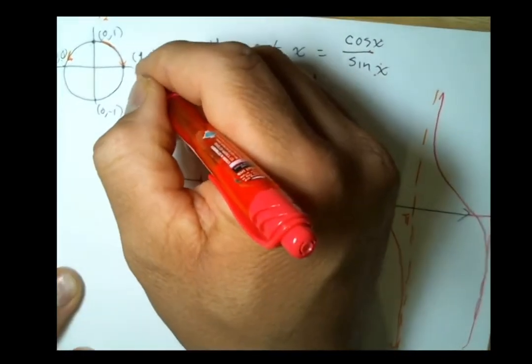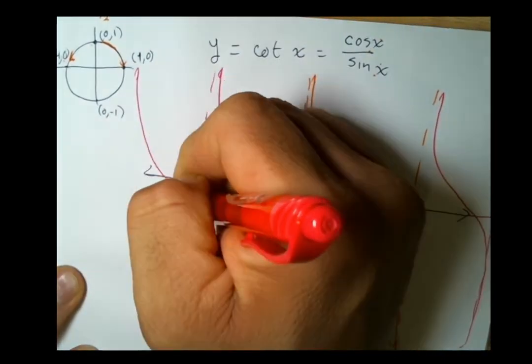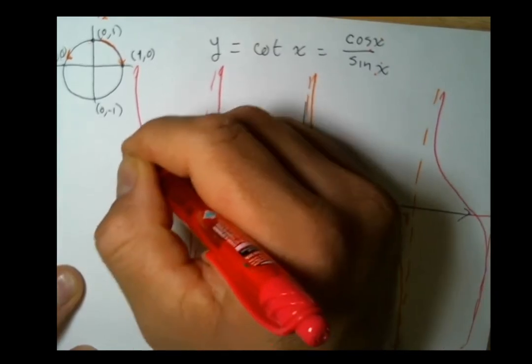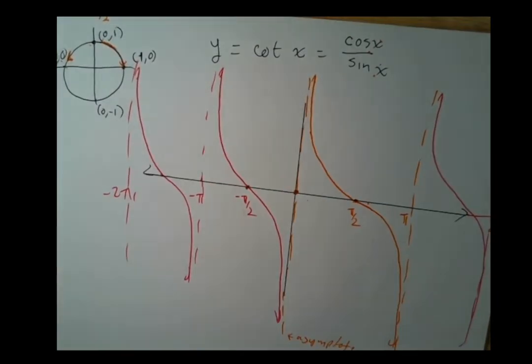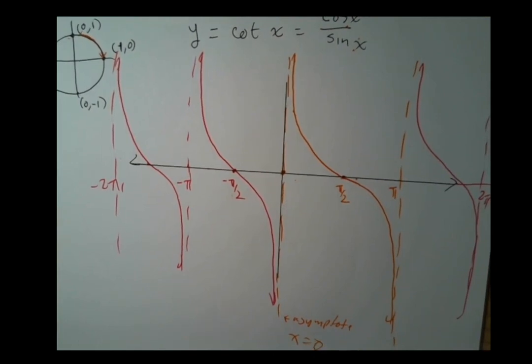Negative 2 pi. And that is the graph of our cotangent, the basic graph.